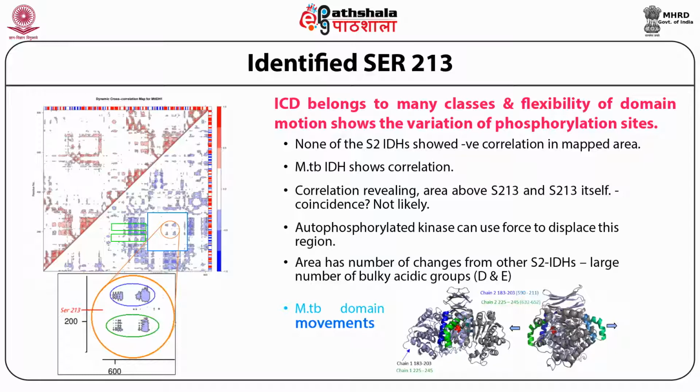This is one picture, and if I look in a different direction, that is the right hand side, you would see these two units can open up. They are not having any restriction of becoming flexible and giving a space for the red color dot, which is the active site, and serine 213 to be phosphorylated.